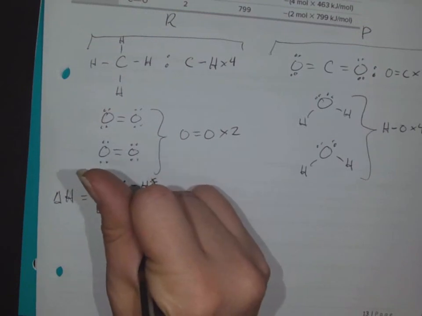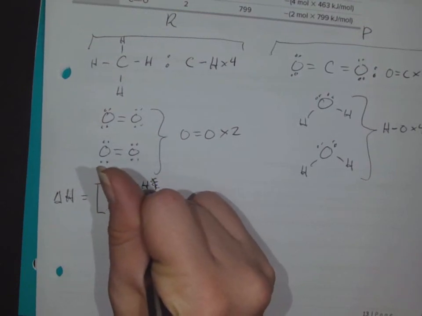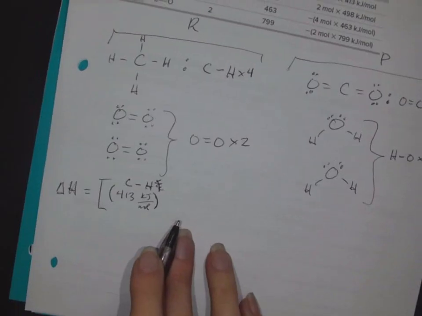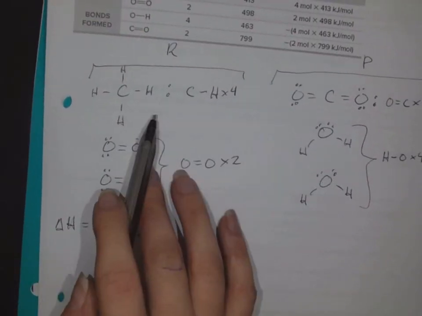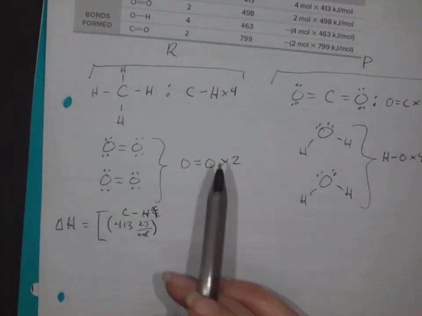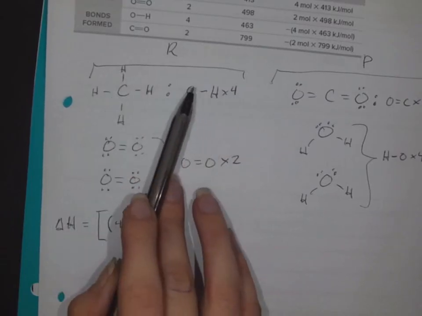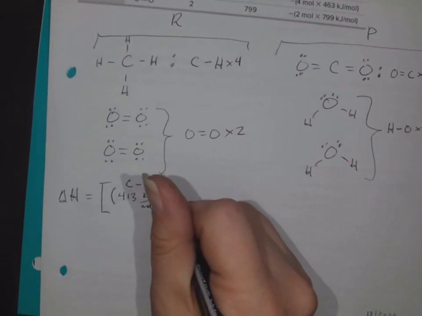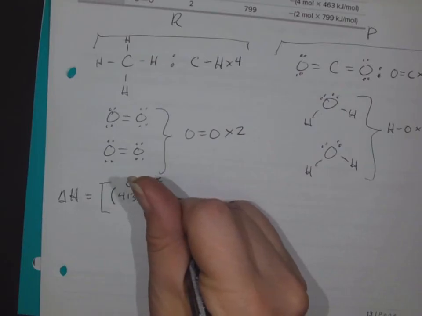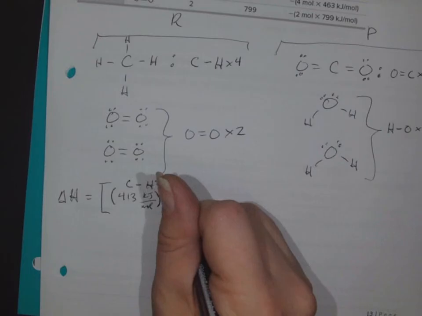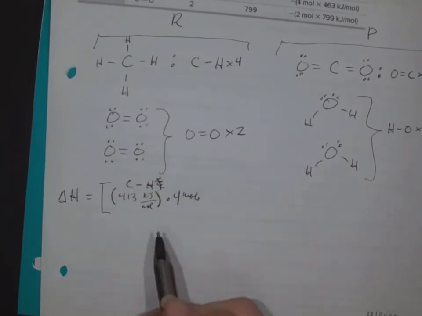And if we consider the number of bonds, a mole of this is going to happen, so that's actually 4 moles of these bonds. And so that's where we get this times 4, 4 moles of that bond.